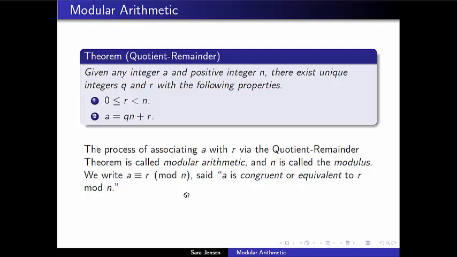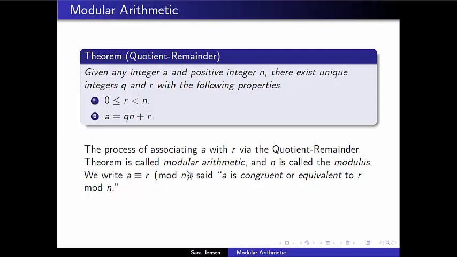And the way that we would write this on paper as mathematicians is we would say A, three lines, R mod n. That's the way we would write it. The way we would say it out loud is either A is congruent to R mod n, or you might hear it said A is equivalent to R mod n.